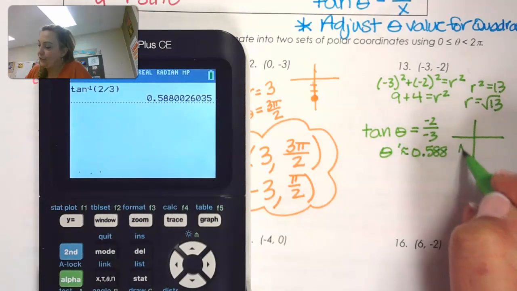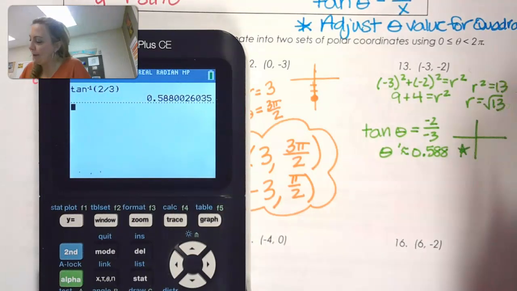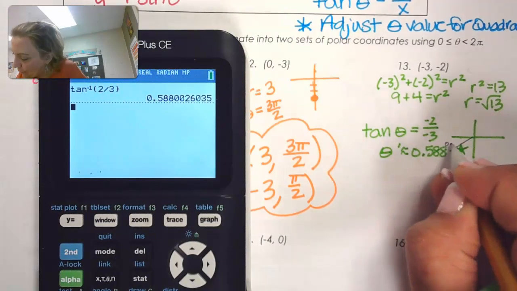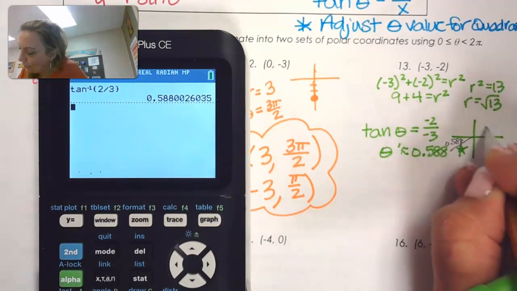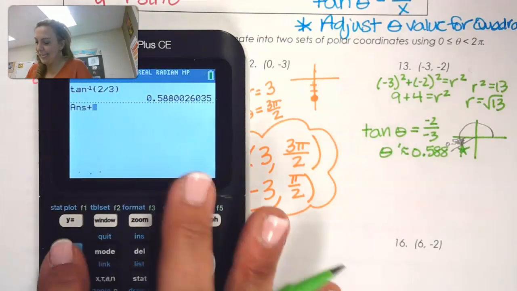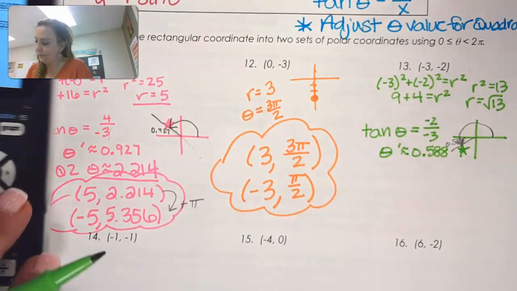So let's see where this is going to land. -3, -2 is going to land here in quadrant 3. So when I think about what I would need to do, this is like that 0.588. I want to go from here to here. So what I'm going to do is I'm going to need to add pi to that specific value.